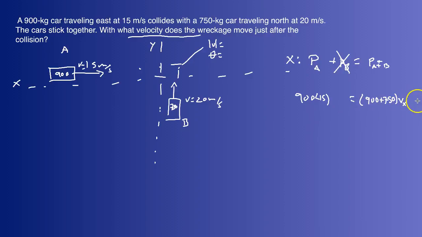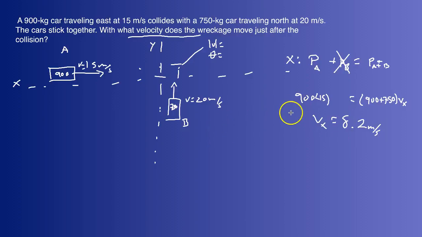We could also say V cosine theta if we want, but we'll just use Vx for now. From here we can solve for Vx, and I get that Vx, the velocity in the x direction, is about 8.2 meters per second.